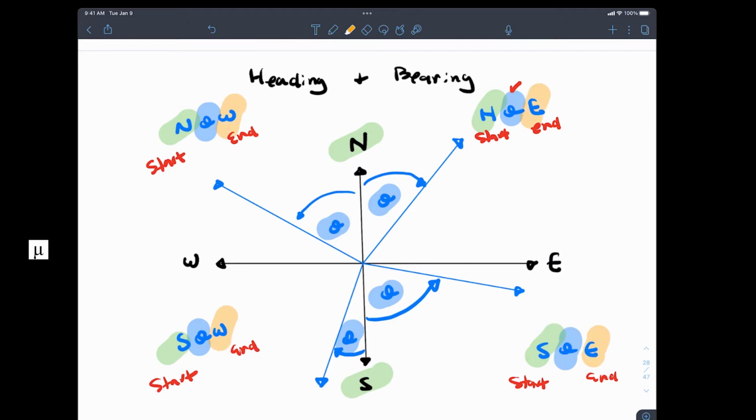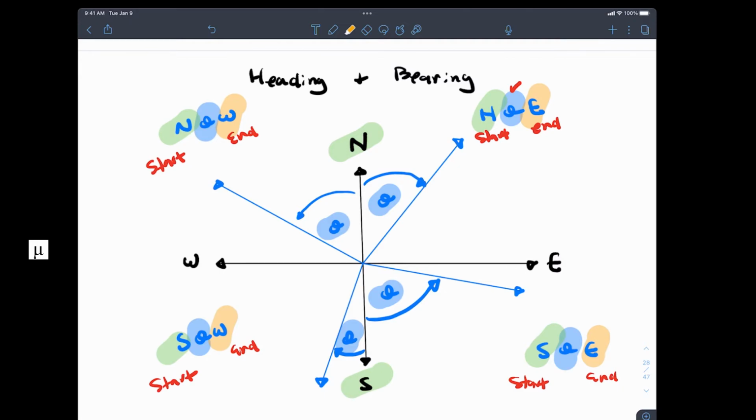So you start north, west, that's an angle to the left. Northeast, that's an angle to the right. But the important thing is the theta's in the middle of those two letters. That's the angle they're referring to, okay?